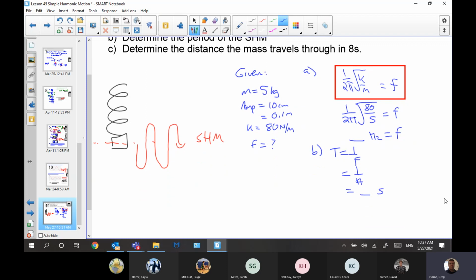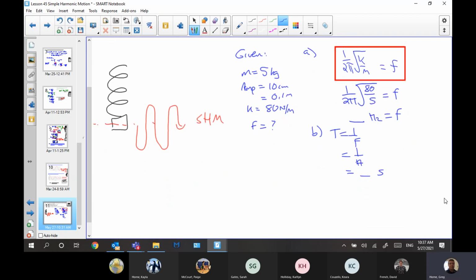So that's for a full trip, right? That's for a full simple harmonic motion pattern, let's say. So that's like this, right? That goes along with our full cycle.